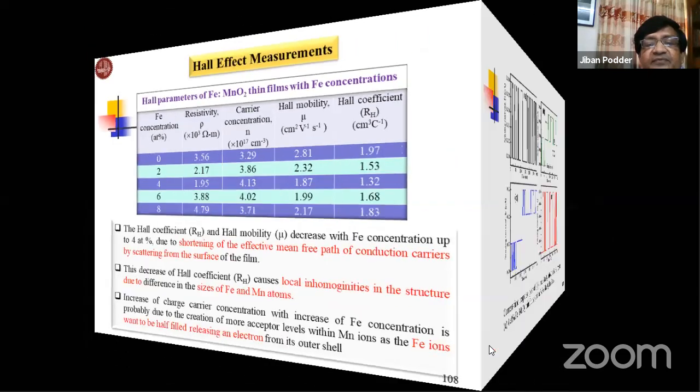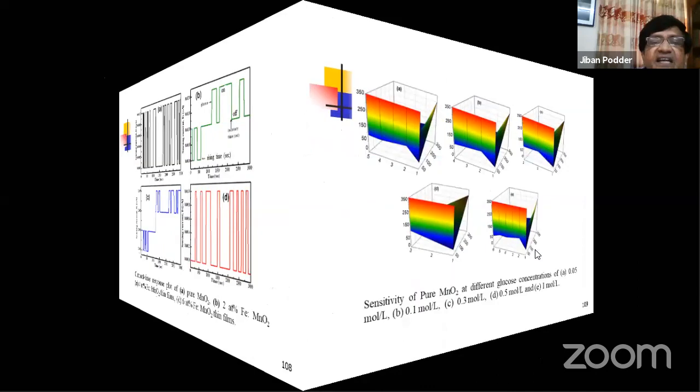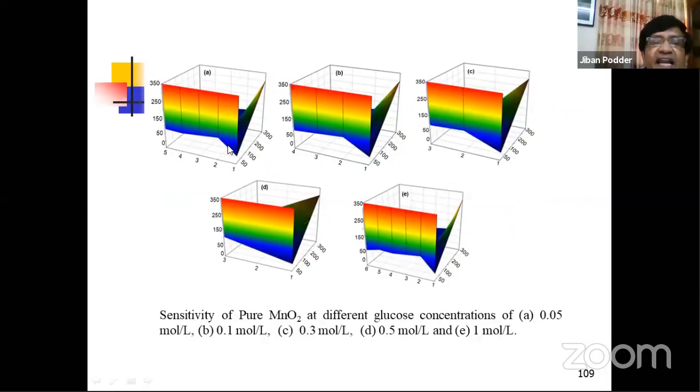These are the mechanisms. Again, we calculated the response time and the recovery time for these iron doped manganese oxides. These are the blue, red, green, yellow three-dimensional images of absorptions or recombinations of electrons for the glucose absorption.